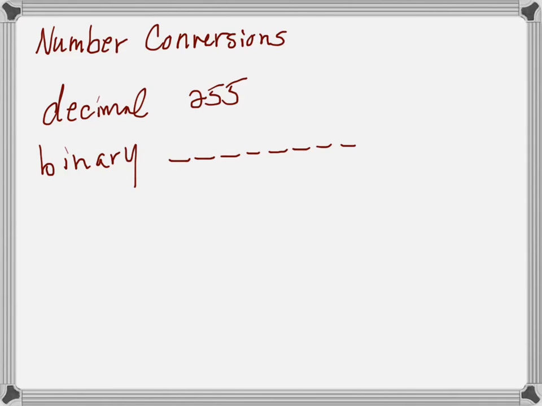The reason I use 255 is because, as we talked about earlier, every one of these positions, so this is 1, 2, 4, 8, 16, 32, 64, and 128, would be turned on. And if you added all those numbers up, you'd get 255.